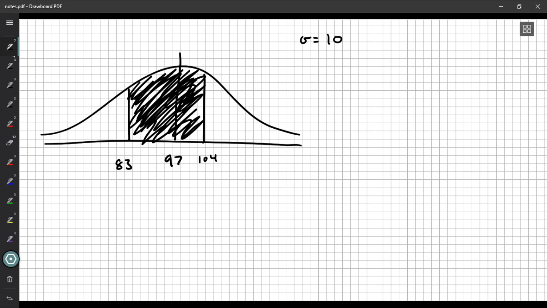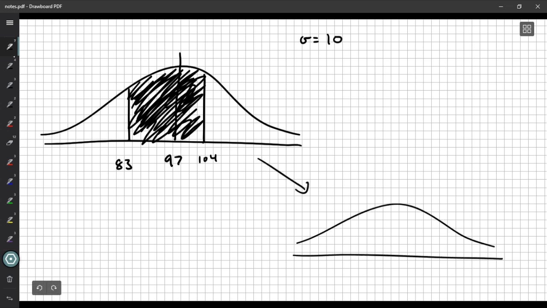So how do we handle something like this? Well, remember what we saw in the lesson. When it comes to any other normal random variable, the process is you've got to change it into an area in terms of the standard normal.